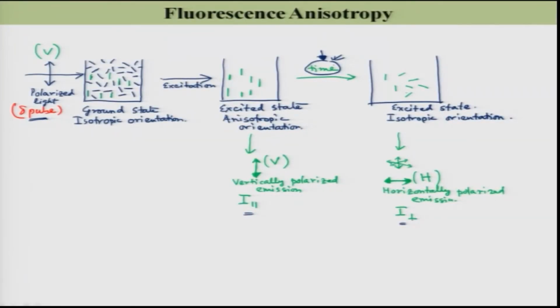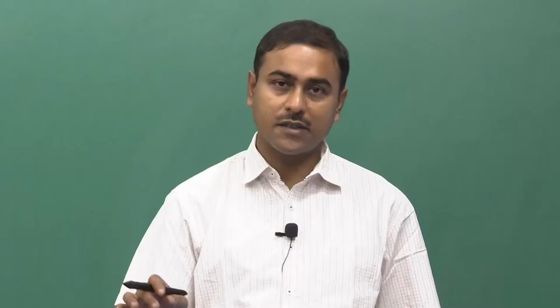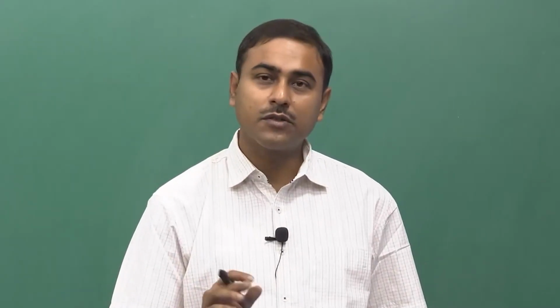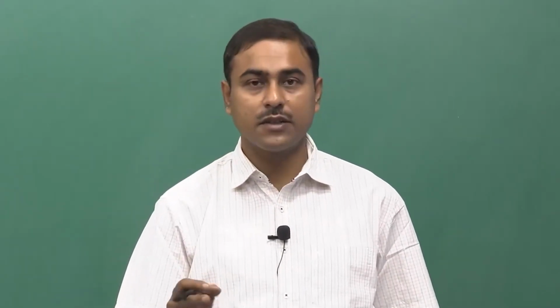But now, when we excite with a CW light, that means we are going to integrate the response from initial time to final time. So, this is a kind of steady state situation. In this case the molecule will keep going to the excited state and the excited state will deactivate.